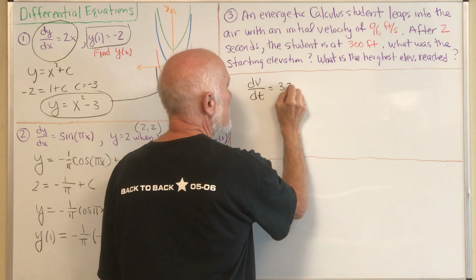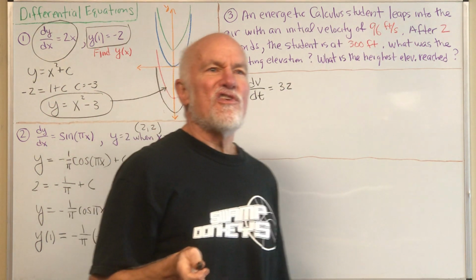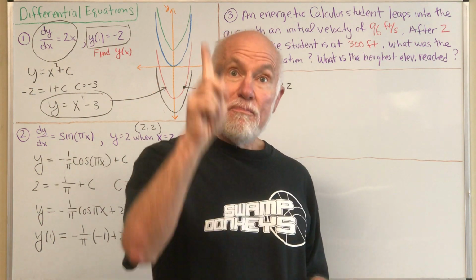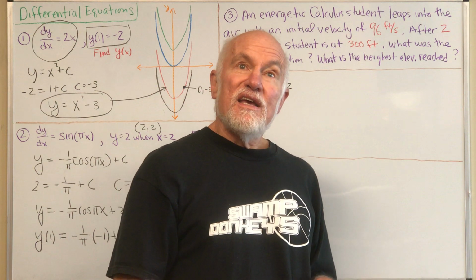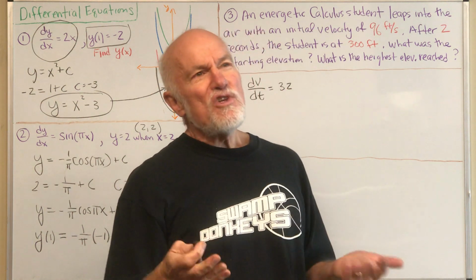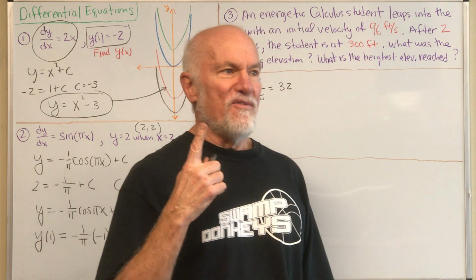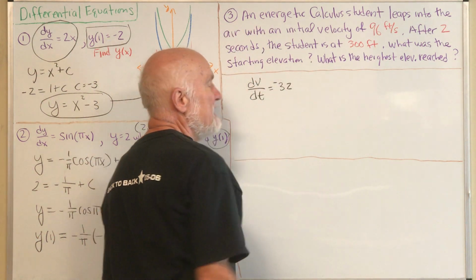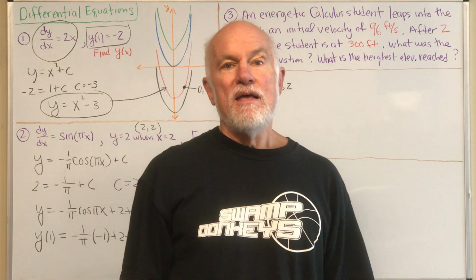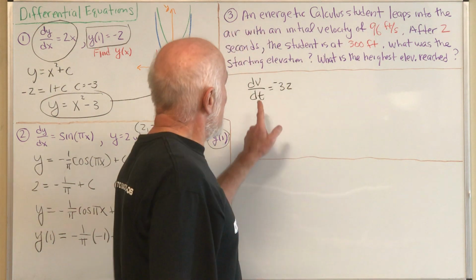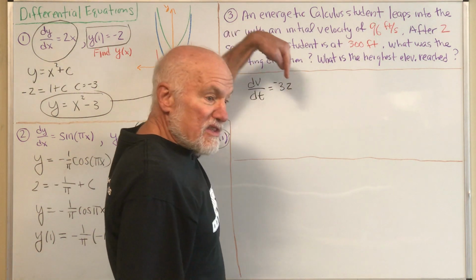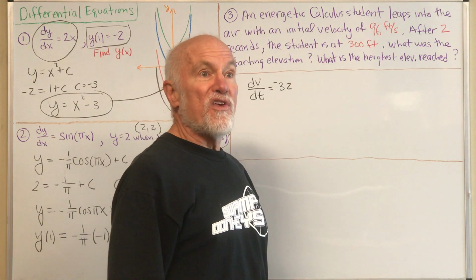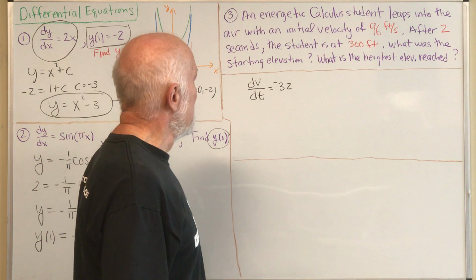32. Then she talked to the physicists and said, well, we've got to look about what's positive. Is up positive or down positive? And the physicist would say, well, usually we like to consider up as positive. So she'd say, then we better make this negative 32. Because the velocity is taking this down against this positive upwards movement that we like.